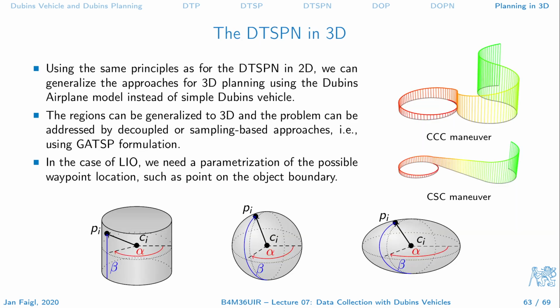And what we can do with the Dubins traveling salesman problem with neighborhoods in 3D, basically we can follow the decoupled approaches, continuous optimization. And if you remember this local iterative optimization, we can also do that, but we need to parameterize the position on the 3D regions. So these are the 3D regions. We can consider a sphere, we can consider an ellipsoid, and we can define angles that define the waypoint on this ellipsoid region.